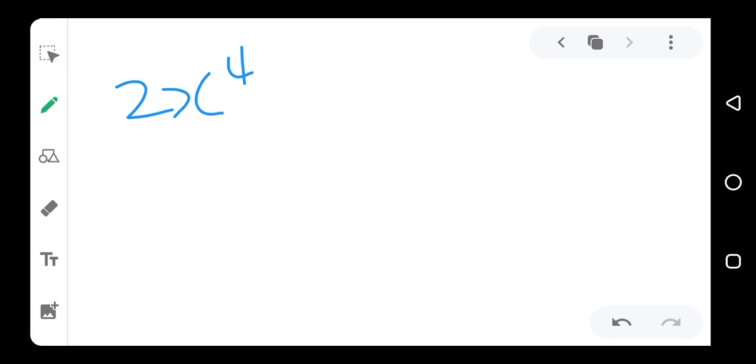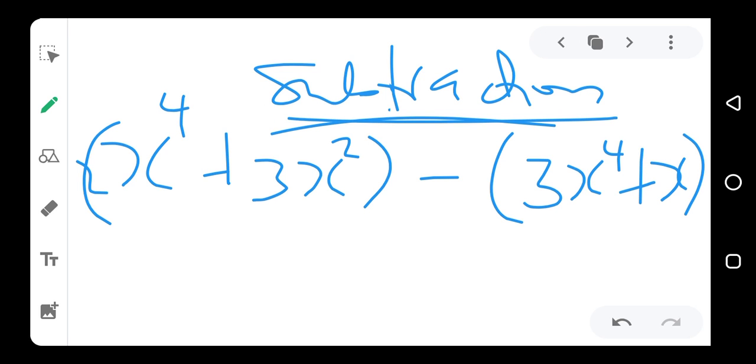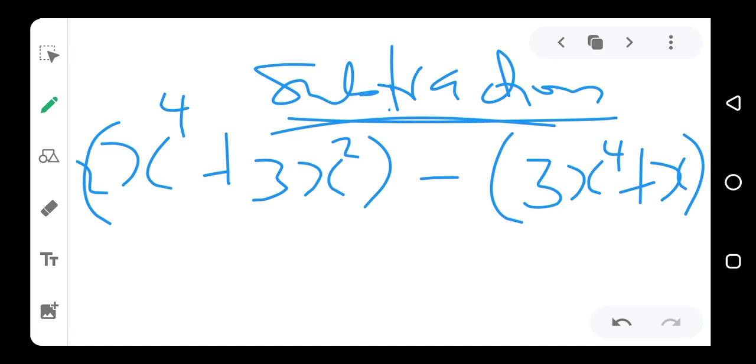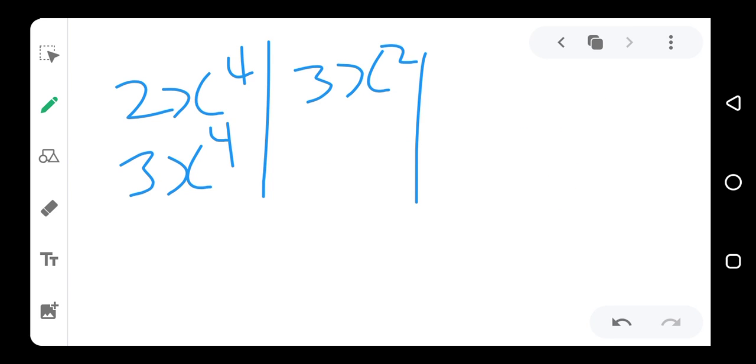So we put it under it, 3x raised to power 4. This is the first column. Second column, 3x raised to power 2. Any other one with the same variable and the same exponents? No. So we leave this.